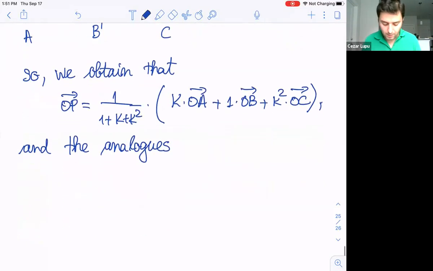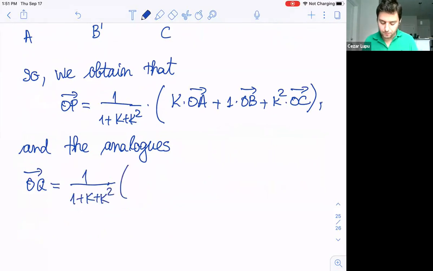Let's write them. The OQ vector will be 1 over 1 plus K squared times, well, you see, these guys will just go, so here we'll have K squared OA vector plus K OB vector plus 1 times the OC vector.